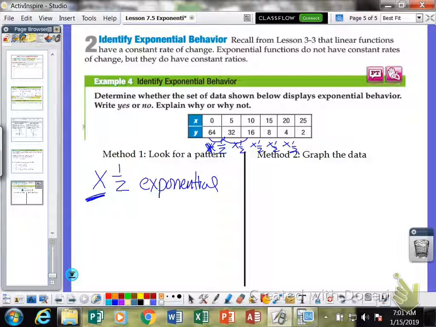Now, obviously method 2 would be to graph the data. So you could go into your table function.